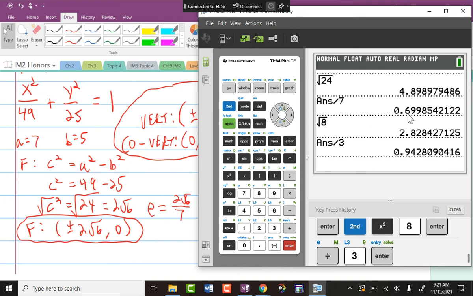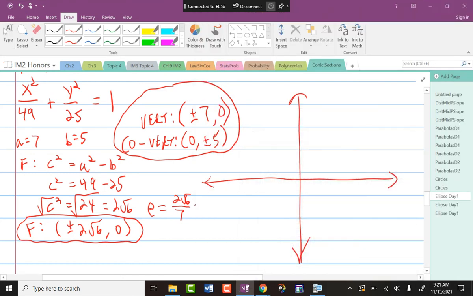That's 0.6998. It really turns into 0.70 when you round this. So this turns into 0.7, and all I want you to understand is that's a little bit less than the last one, so it'll be a little less oval. The closer to 1, the more oval it is. But that's why we care about the eccentricity. It tells us about the shape.